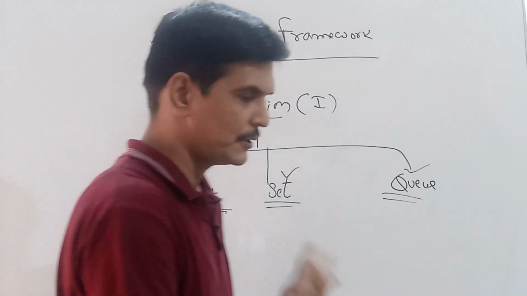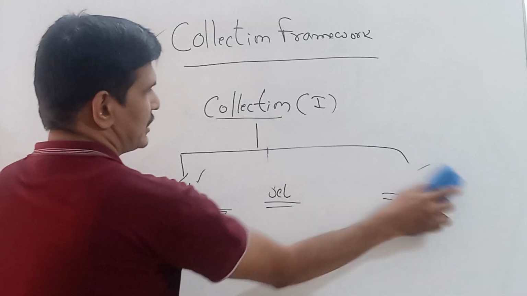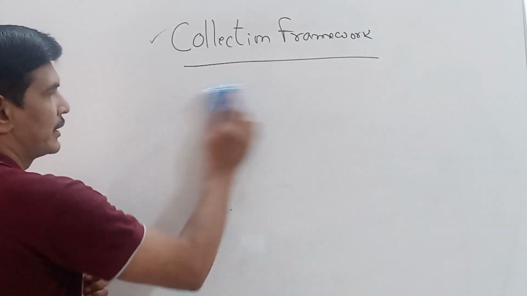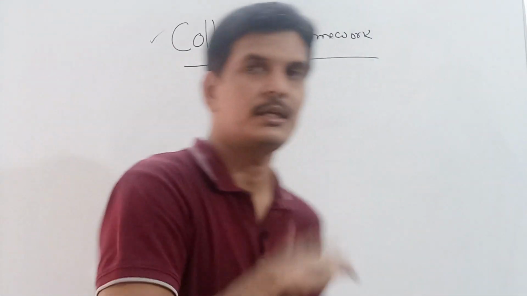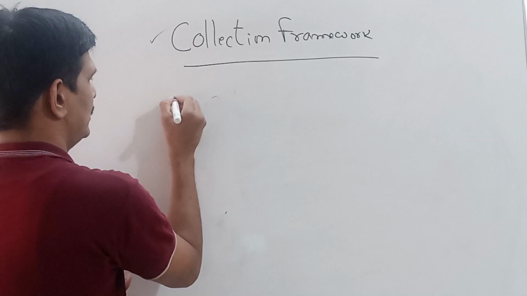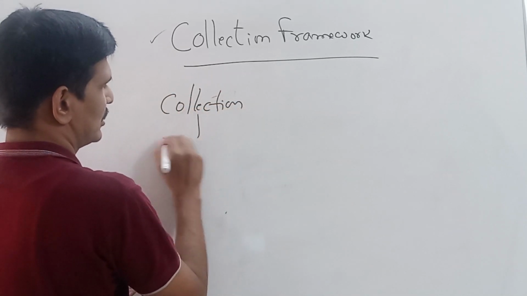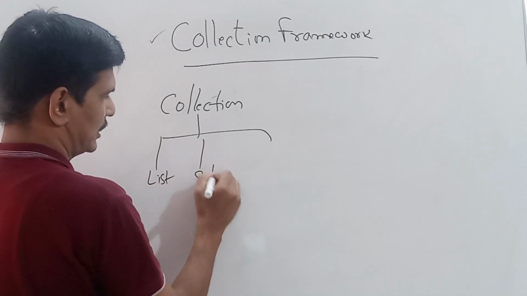Now apart from all these interfaces, there is another interface called the map interface. That is a completely independent interface, nowhere related to collection. Collection interface is one side, and in it we have seen list, set and queue.